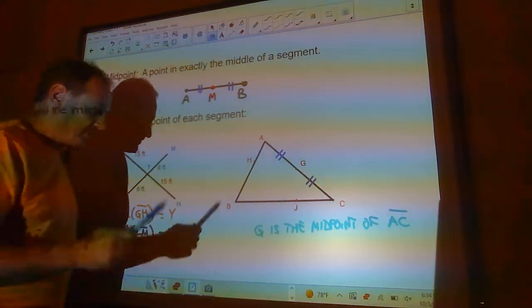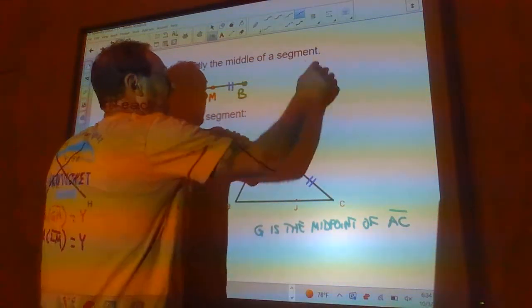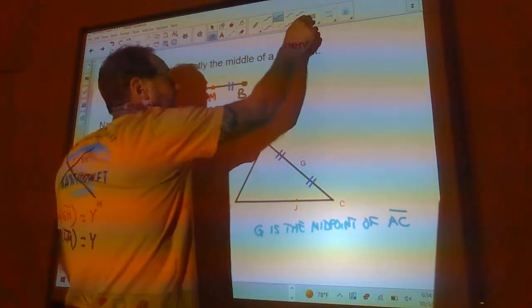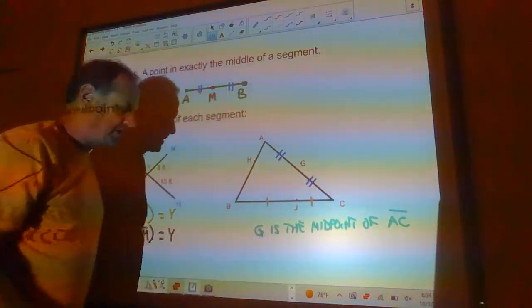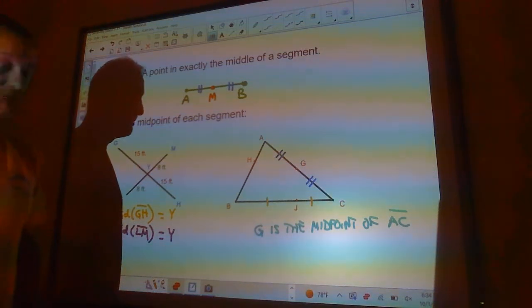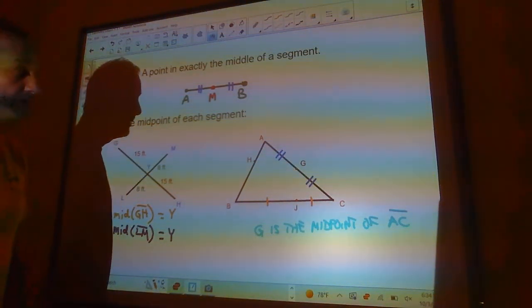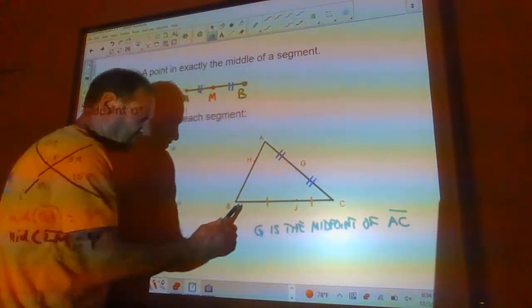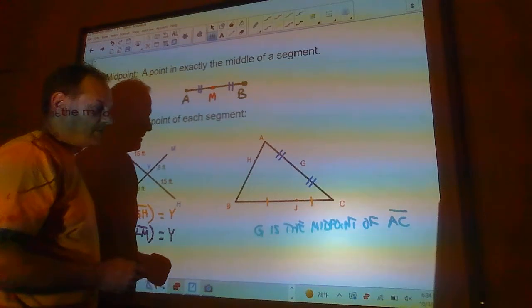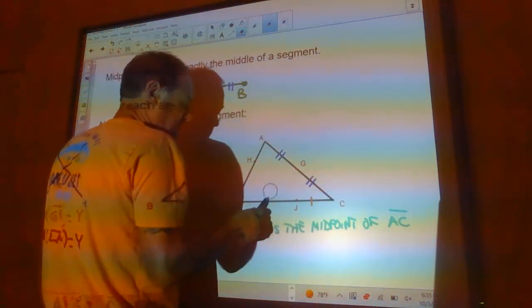Now, this is kind of the weird thing, though. If I were to put a tick mark here and a tick mark here, that would mean that J is the midpoint. It means my drawing's off, but it would be a midpoint then, because what I'm saying with these tick marks is JC is the same length as JB. So you've got to watch those tick marks.